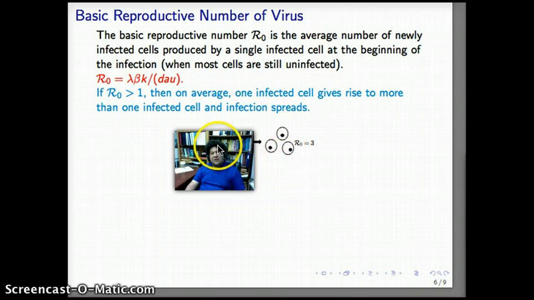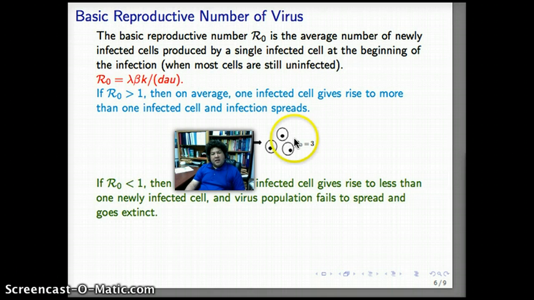So this is an illustration in which one infected cell yields three newly infected cells. And so if on average one infected cell can produce more than one infected cell, then the infection will sustain, will actually grow very efficiently.